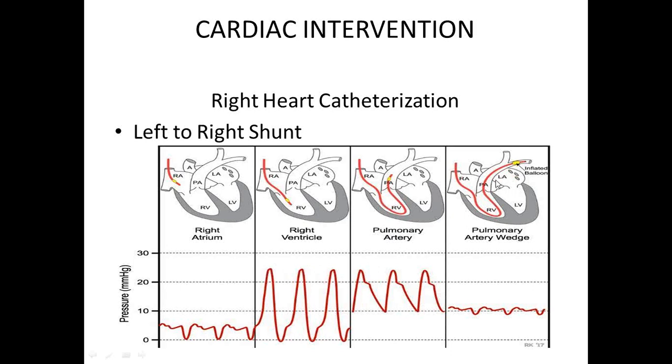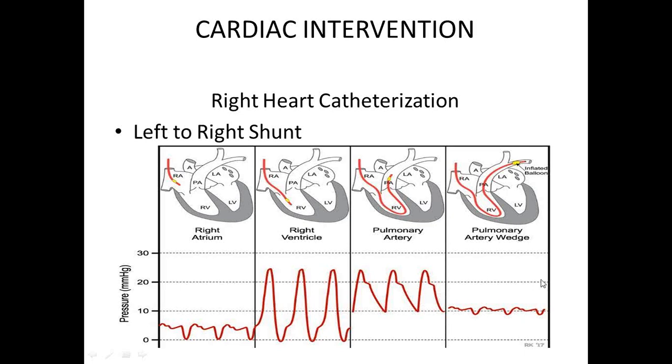But you know, we didn't enter the left side. We use our right heart catheter and we extend it all the way into the capillary system. And these capillaries are actually reflecting the pressures in the left atrium.